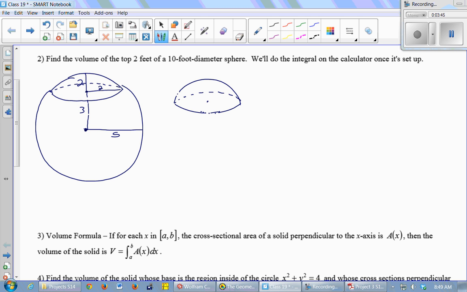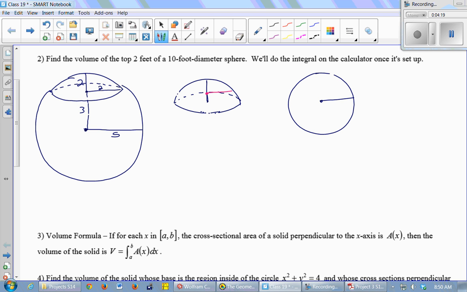So my cross section is going to look like a disc. And to find its area, I need to know that radius. Here's a vertical line that goes up to the top of my sphere. Pick a random spot there, and I need to find the radius to the edge of my cap.